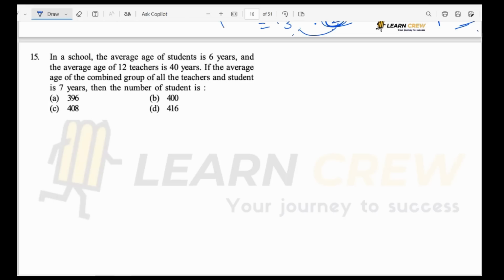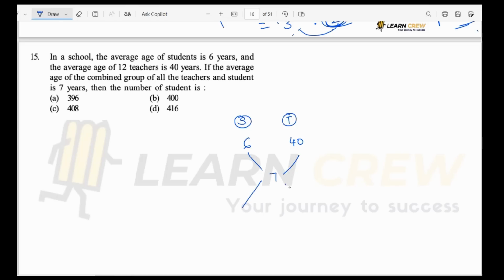Can we apply the same rule or not? Number of teachers is 12. Students' average is 6, the teachers' average is 40. When these are mixed, the overall average comes out to be 7.